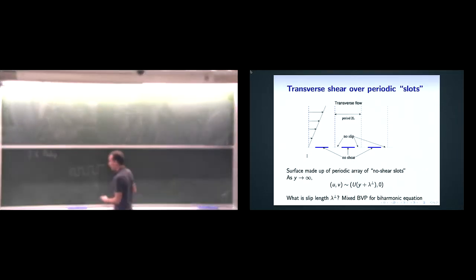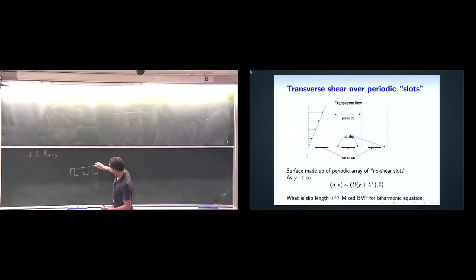And what Philip is assuming is the contact angle is 0. So what it means is they're flat. Okay? And it goes on periodically. So the blue lines here are the blue lines there. The point is, on here, we've got no slip. And on here, we've got no shear.